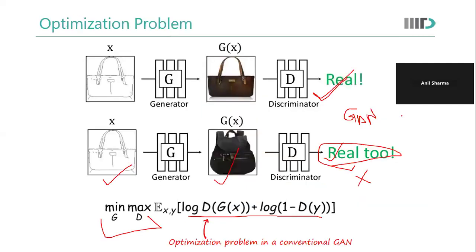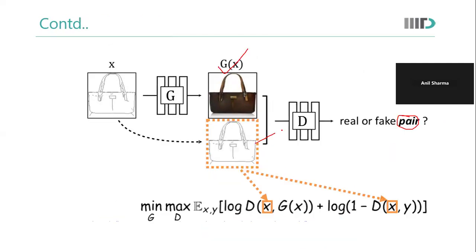Earlier we were saying whether it's a real or fake image, only the input. But we were not considering this as the input to the discriminator. Here we are considering both as the input to the discriminator, and we will say whether both the inputs are a real pair or a fake pair.